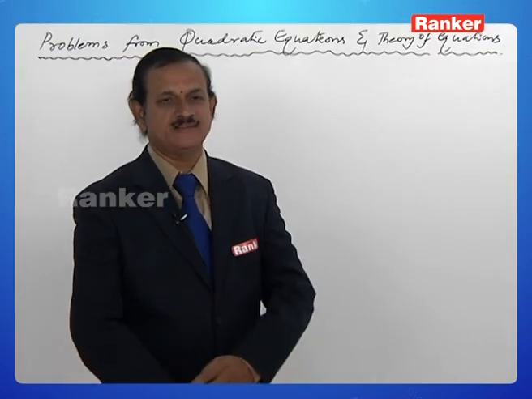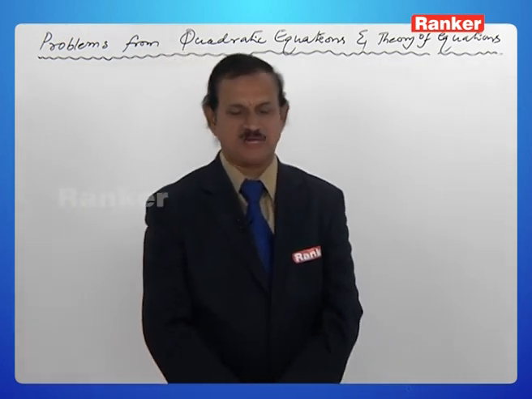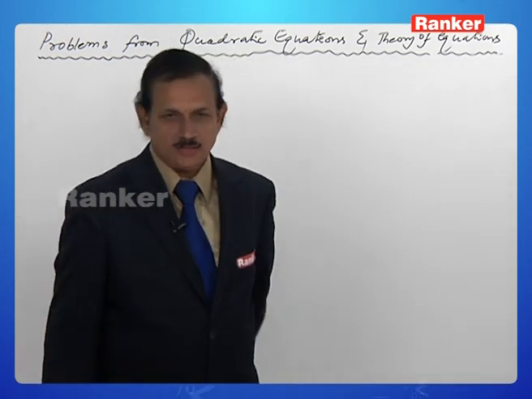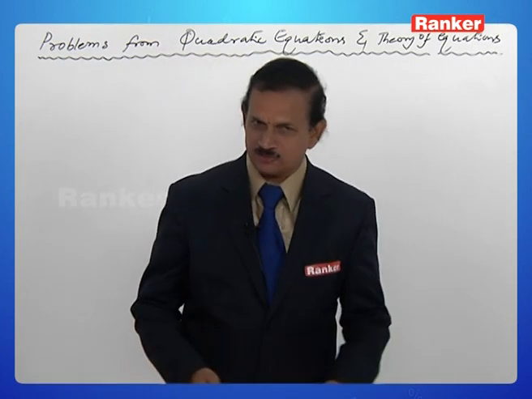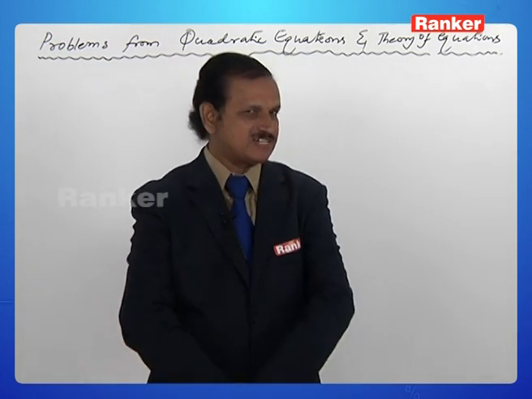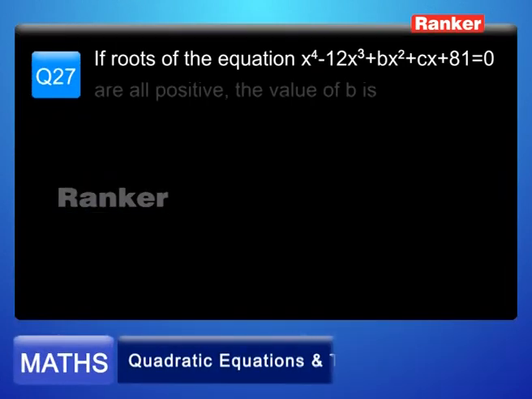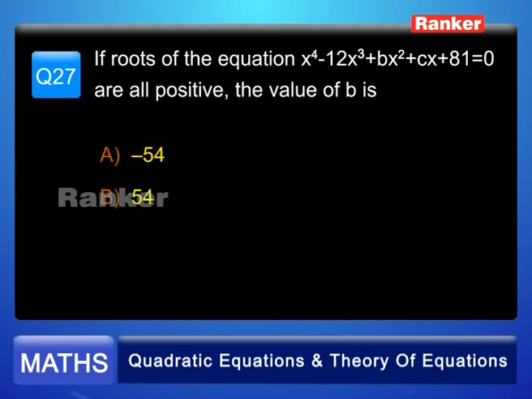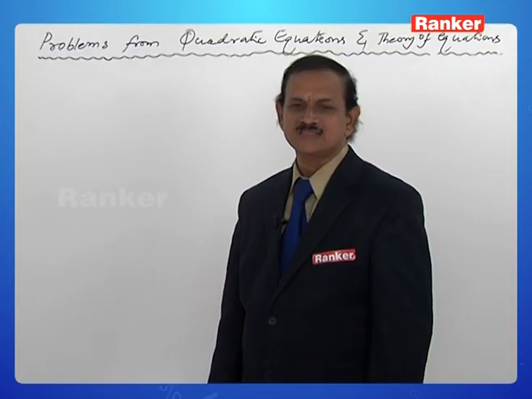The next question, that is the 27th question, is before us. In this question, a fourth degree, that is a biquadratic equation, has been given. If the roots of the equation x power 4 minus 12x cube plus bx square plus cx plus 81 is equal to 0 are all positive, then the value of b is, he is asking us about b.